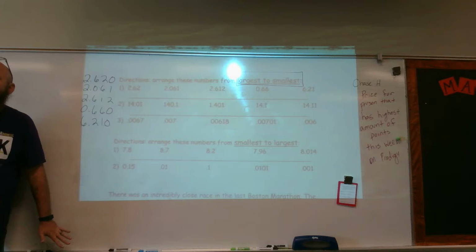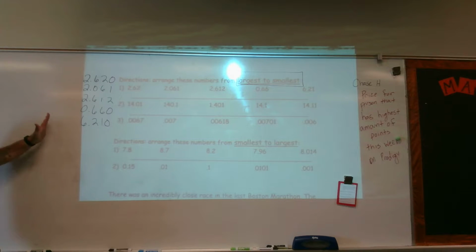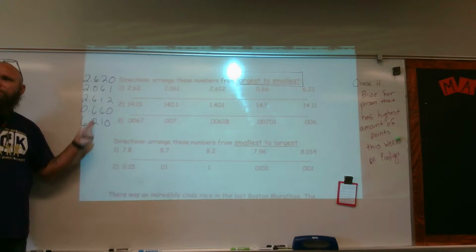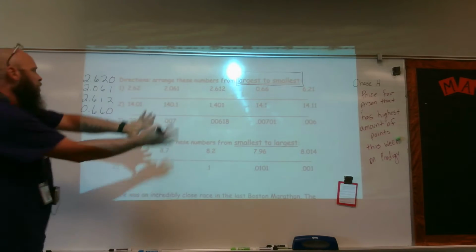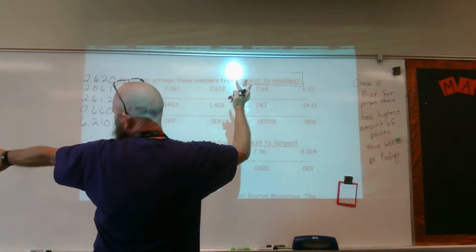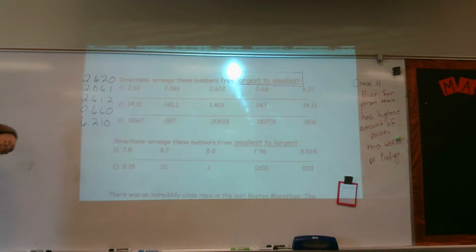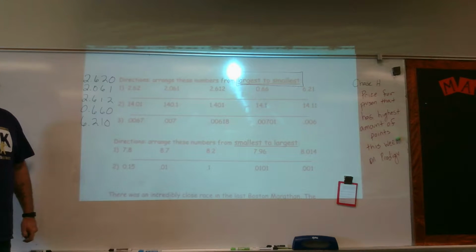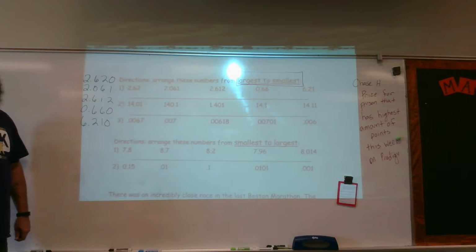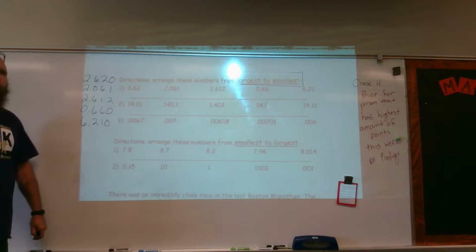All right, so now we're going from largest to smallest. We start to the left of the decimal point. We are going to look at the whole numbers. Whole numbers are to the left of the decimal point. So we have 2, 2, 2, 0, 6. Can I tell the largest based on that? Yes. How do I know which one's the largest?